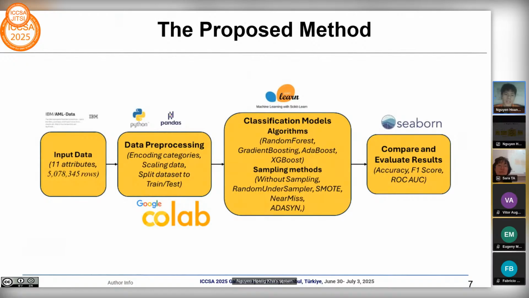We encode categories, clean data, and split data into train and test. Then we feed it into the classification model algorithms: random forest, gradient boosting, AdaBoost, XGBoost. We have sampling methods: without sampling, random undersampler, SMOTE, and NearMiss, also ADASYN. Then we compare and evaluate the results with accuracy, F1 score, ROC, or AUC.